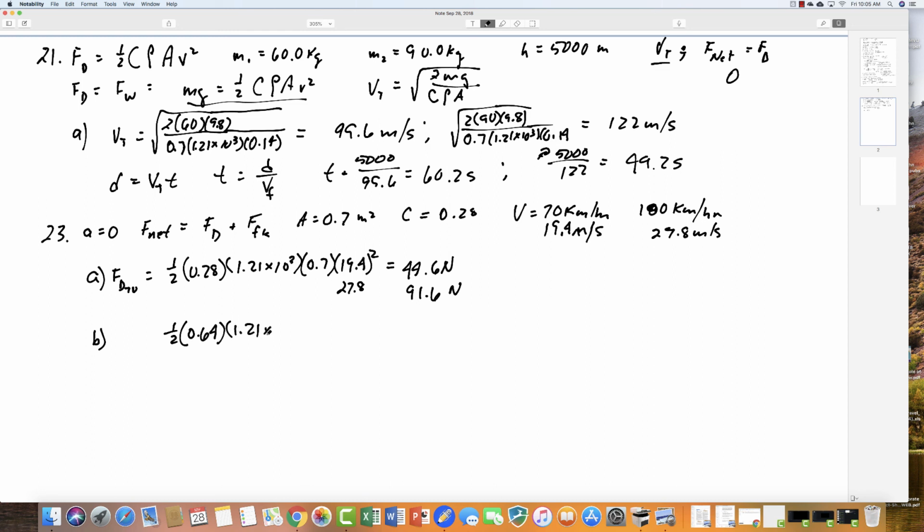The density of air doesn't change, but now you have a significant difference in cross-sectional area, and the velocities, again, for the two calculations are the same. And if you do these two calculations, you get, in one case, 356 newtons, in another case, 730 newtons.